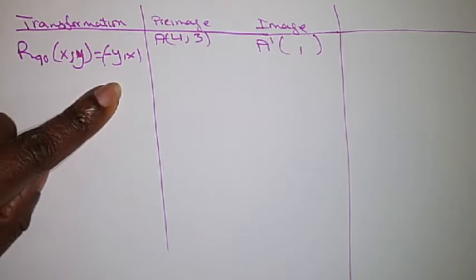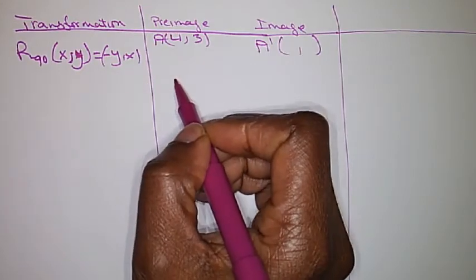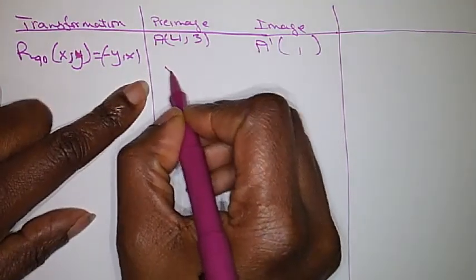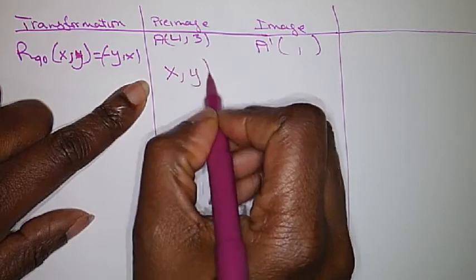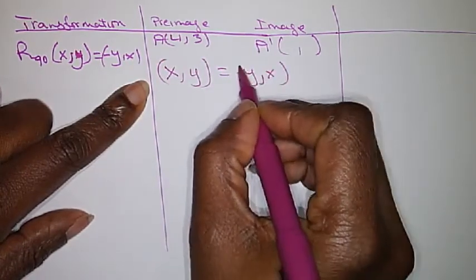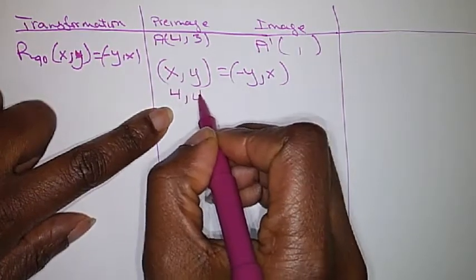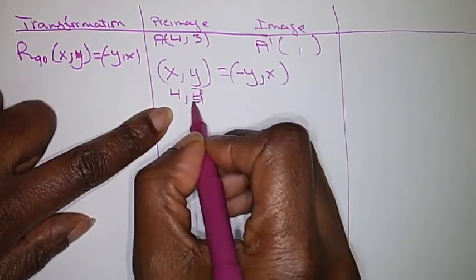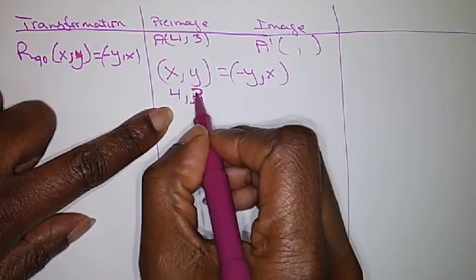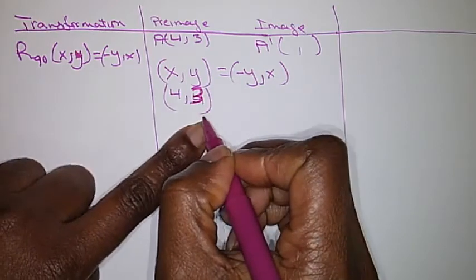Again, I like to repeat my rules, so I'm going to rewrite the rule: (x, y) equals (negative y, x). My coordinate here is 4, 3.